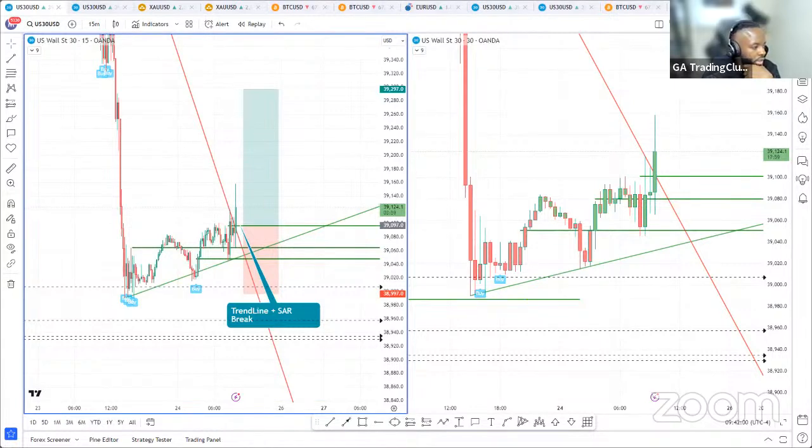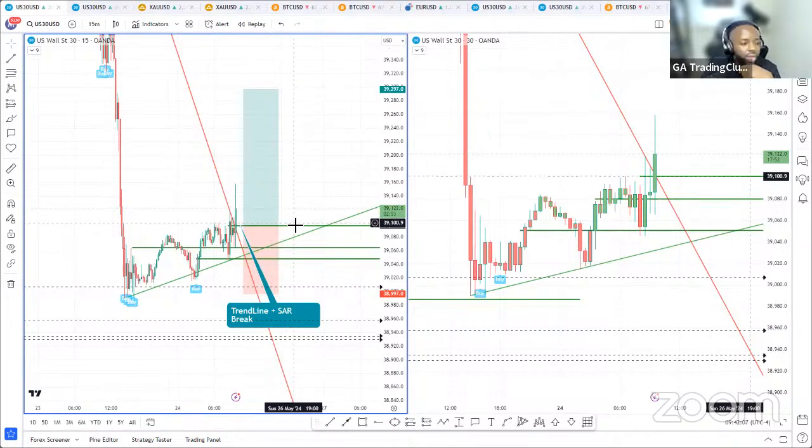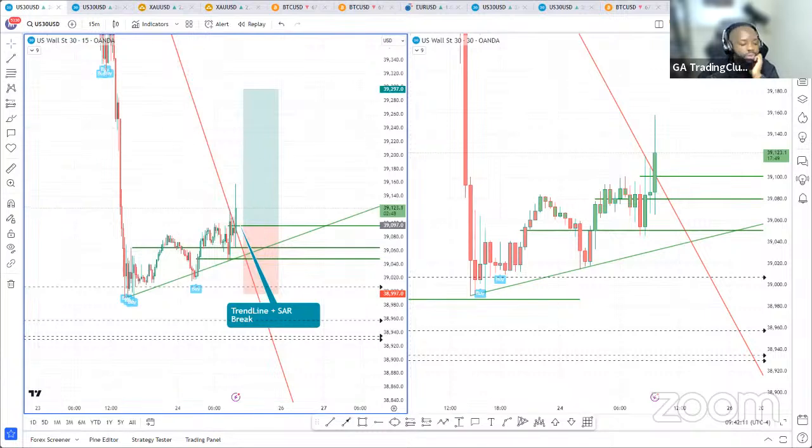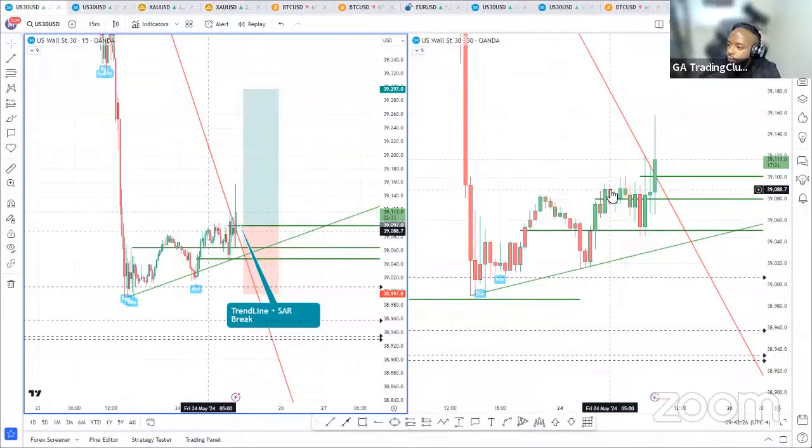Okay, so we have an hourly buy SAR here. So we'll see how this candle closes. I'll program my entries. Let's see if that happens.